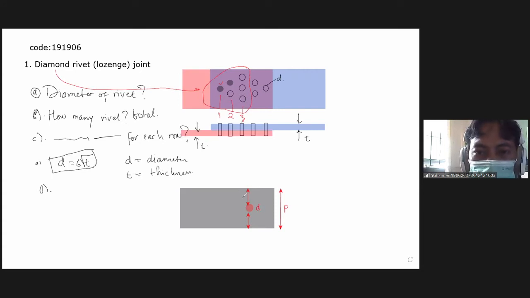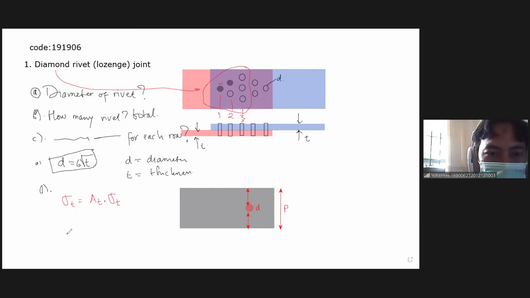So now the plate only has P minus d for the effective width. So the tensile strength for the plate is the tensile area multiplied by the strength of the material of the plate.